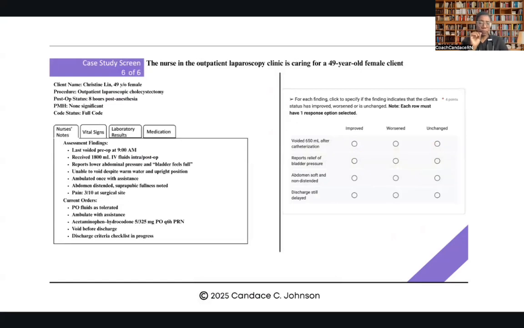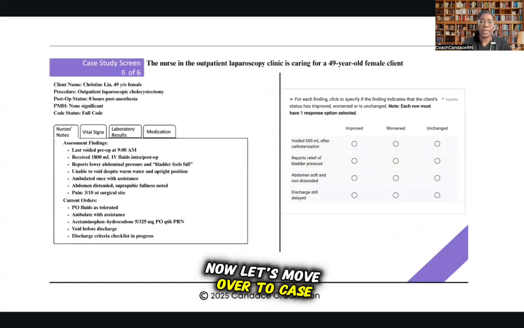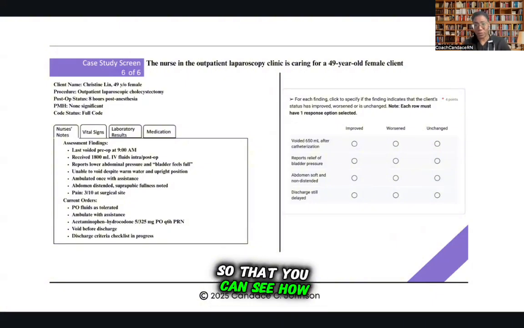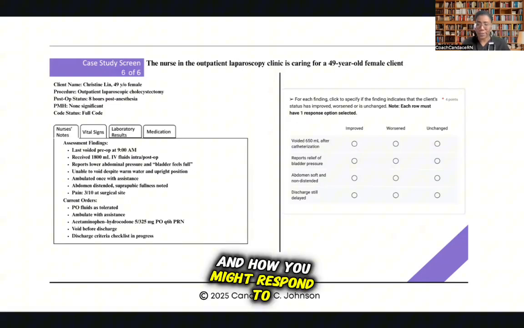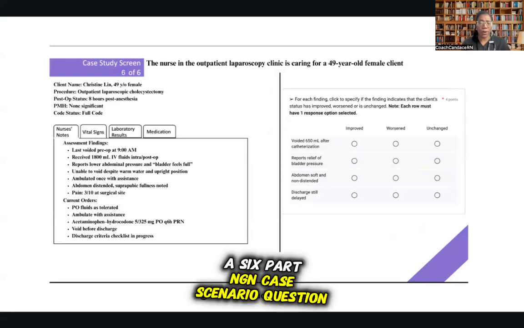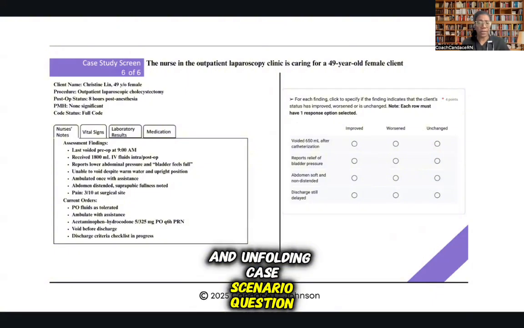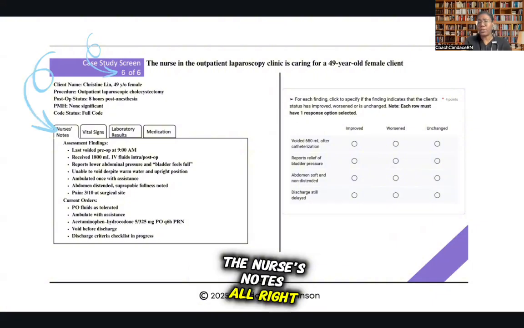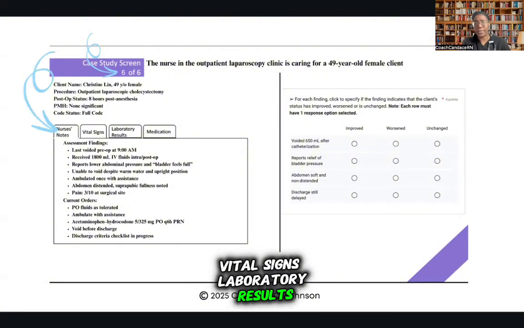All right. Now, let's move over to case study screen 6 of 6. We're trying to move through this question so that you can see how they're set up and how you might respond to a 6-part NGN case scenario question, an unfolding case scenario question, such as we have here. At screen 6 of 6, we're going to take another look at the nurse's notes, vital signs, laboratory results.